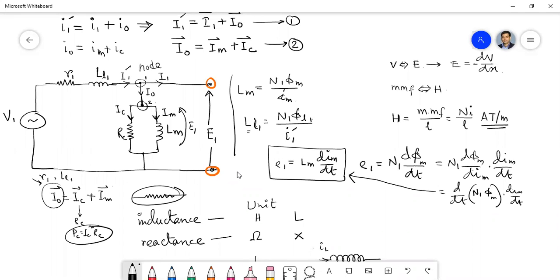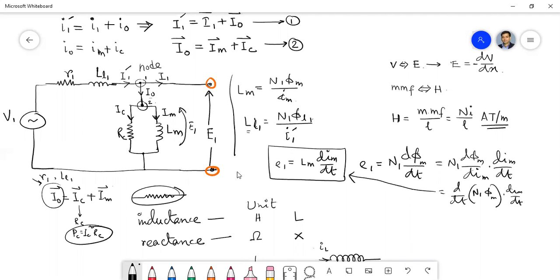Remember, this I1 is called the load component of primary current, and I naught is called the no load component of primary current. So what element should we draw between these marked terminals through which we can show I1 current is flowing?